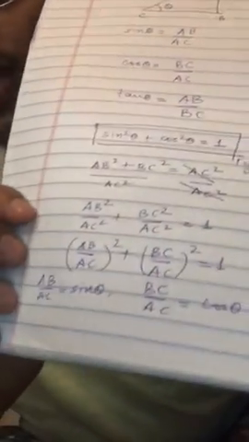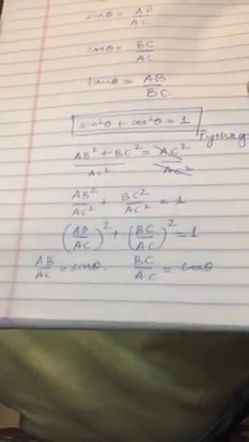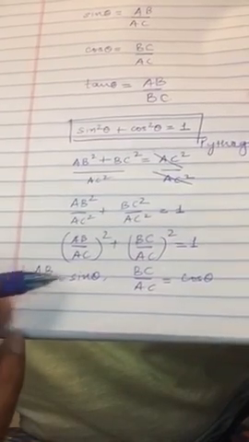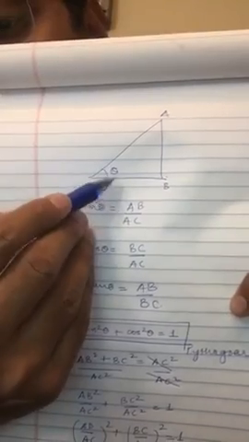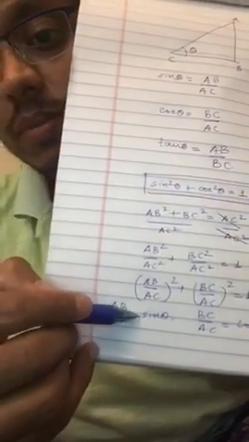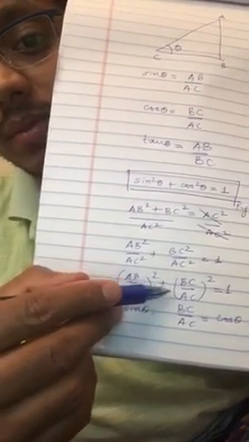So I would write again here, AB by AC is equal to sine theta, and BC by AC is equal to cos theta. For the sake of avoiding confusion, I rewrote it. I'll be replacing AB by AC and BC by AC with sine theta and cos theta.